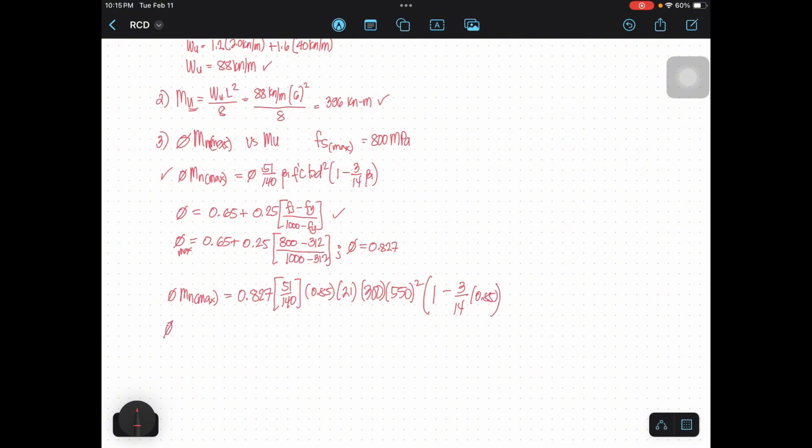So yung acting maximum design moment is, so since mga given natin dito sa mga naka-millimeter, so definitely yung units niya dito is naka-Newton millimeter. So 0.827 multiply by 51 divided by 140 multiply by 0.85 times 21 times 300 by 550 squared quantity 1 minus 3 over 14 of 0.85.